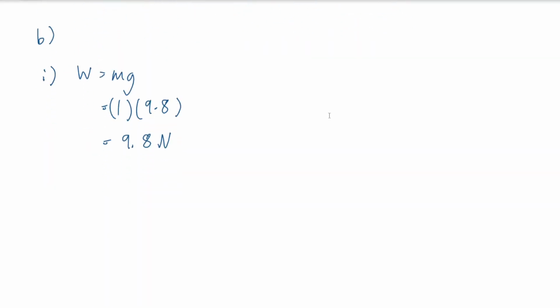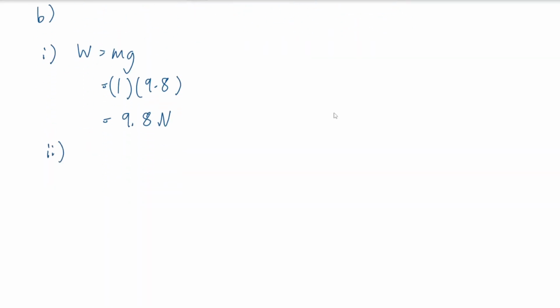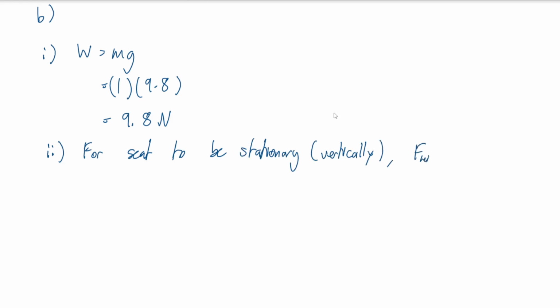So part 2, for the seat to be stationary, and I'll put in brackets vertically because we haven't talked about the horizontal components yet. The net force must be 0, so the vertical component of the tension, so Ty, must equal the weight force of the seat, which is 9.8 newtons.